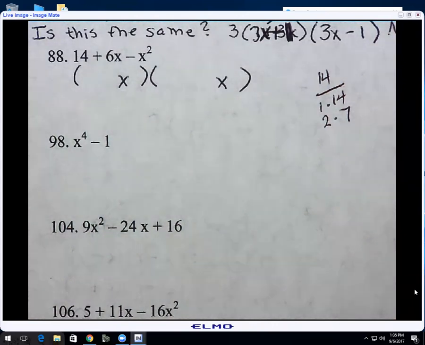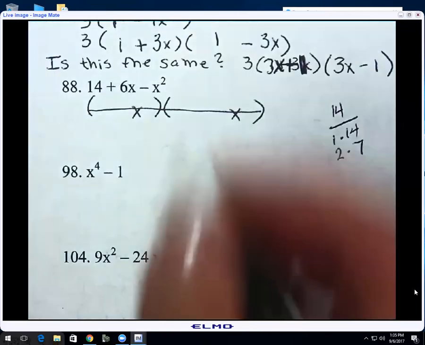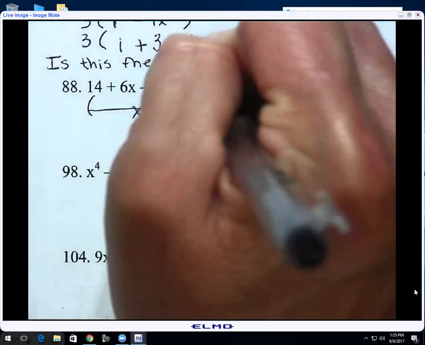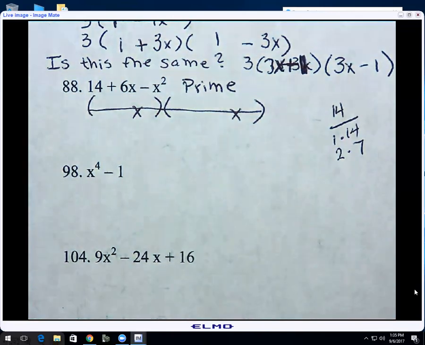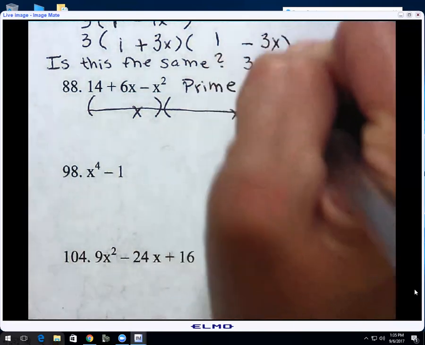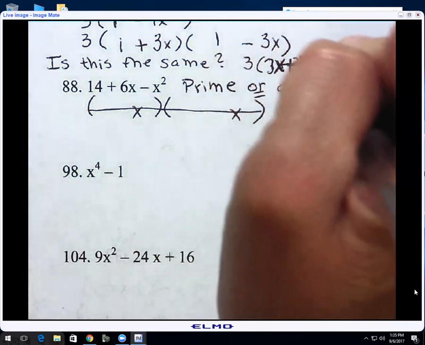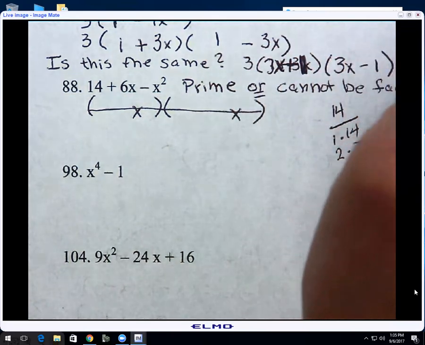What short word means the same thing as not factorable? Prime. I'm going to mark that out since I can't use it and say that this is prime. If on the test you forget the word prime, you can write cannot be factored. And that means the same thing. That's what prime means.